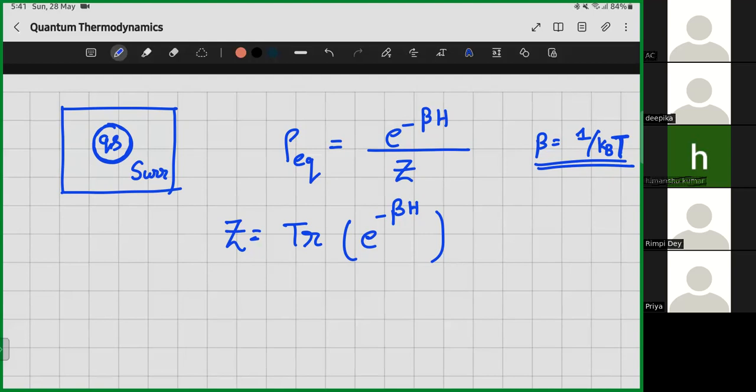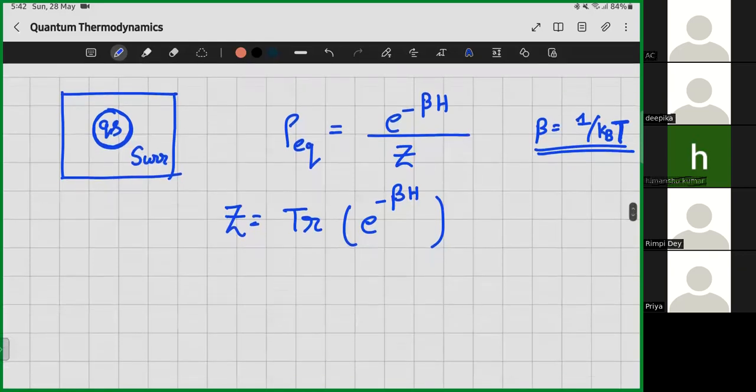So here H is the Hamiltonian of the quantum system or the Hamiltonian of the total system? This Hamiltonian is for the quantum system, not including the surroundings. Yes, so both Hamiltonians are the same; only the temperature comes from the surroundings, and that is because it is a canonical ensemble.